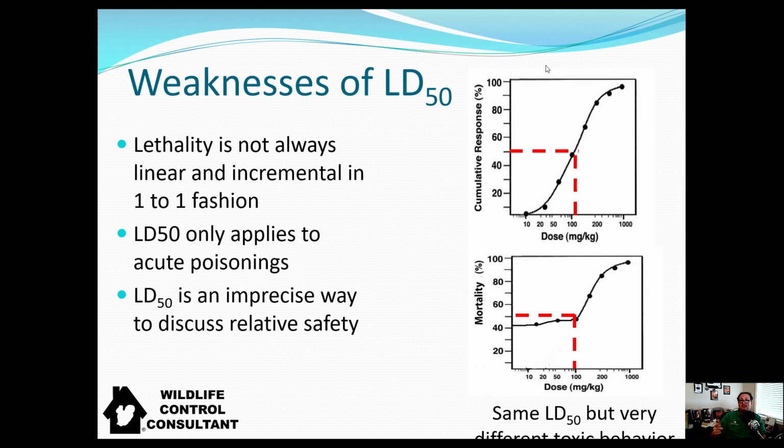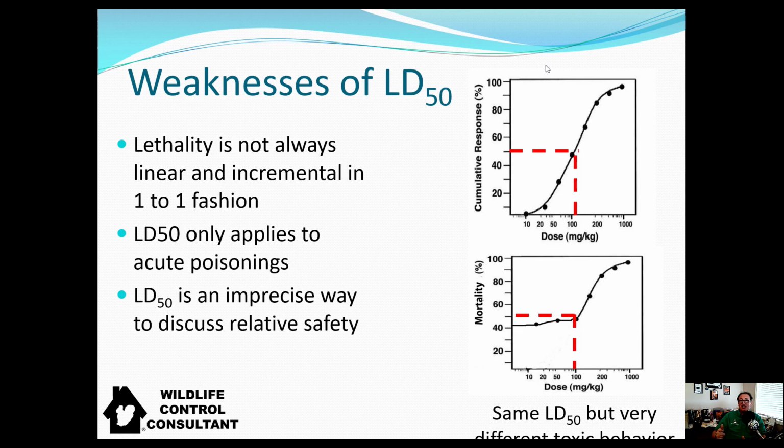You notice that if you start removing toxicant, its efficacy drops pretty fast. Where the one on the bottom, you can take away a little bit more toxicant, and there's almost no difference in how toxic it is, how many animals are killed. Look at one. You can start almost at 1 milligram per kilogram on the bottom one, and you're still getting 41% mortality.